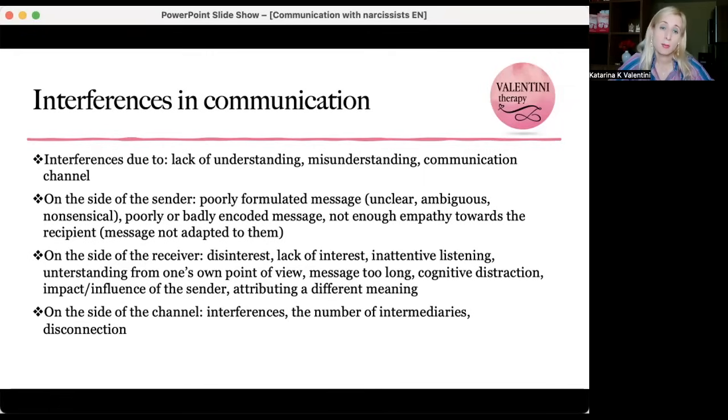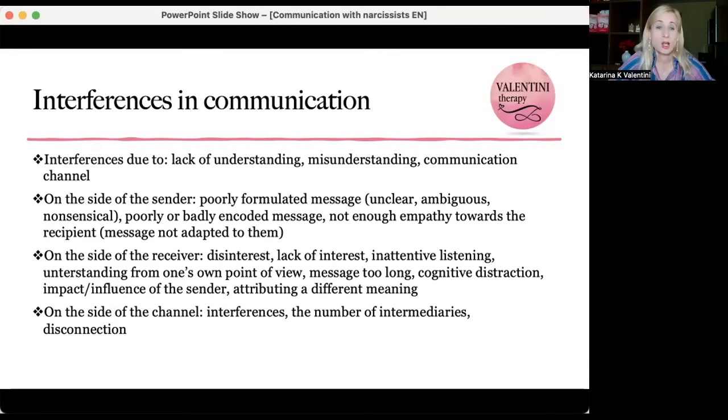Interferences can happen on the side of the sender. So we can formulate our message poorly. It's like when a sentence sounded so great in our heads, and when it came out of our mouth, it was a complete disaster. Messages have to be clear, they have to be unambiguous, and they have to make sense.